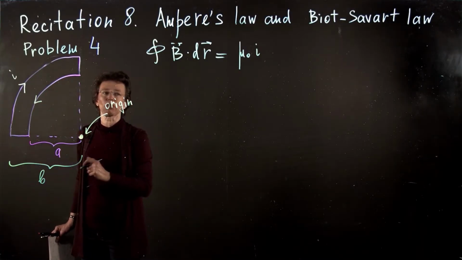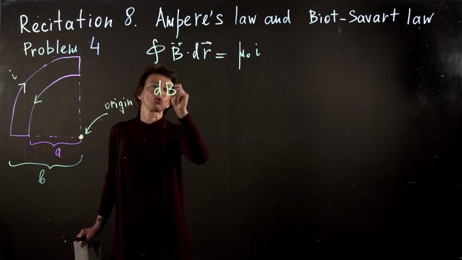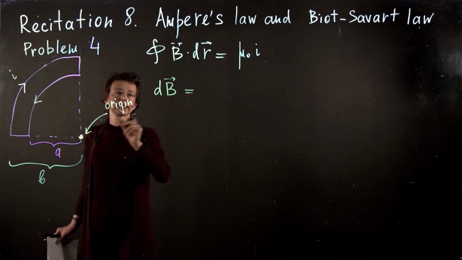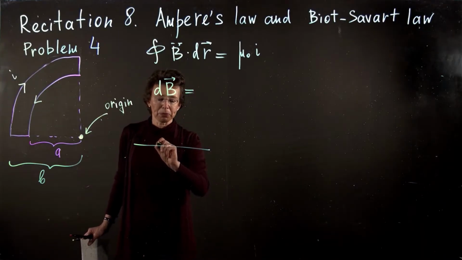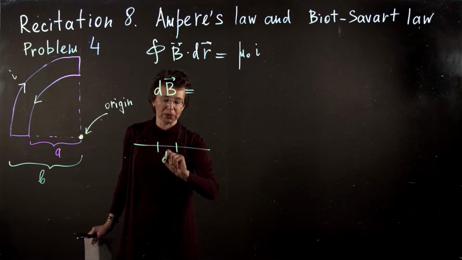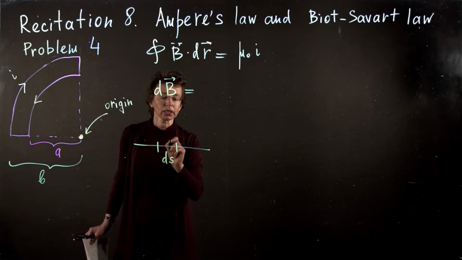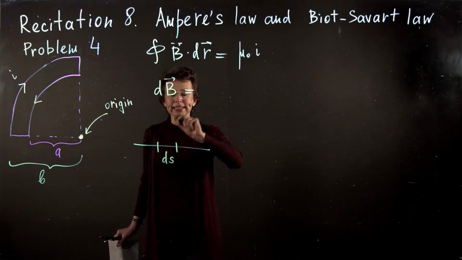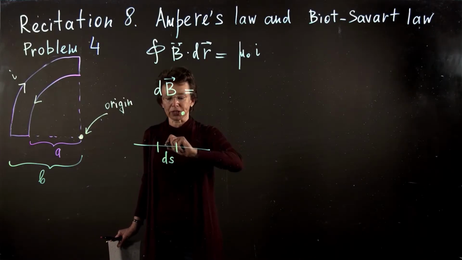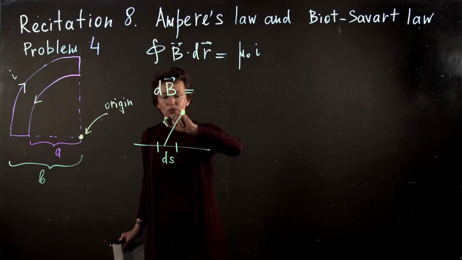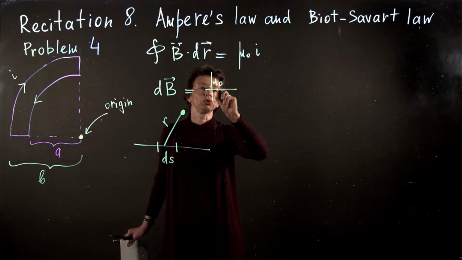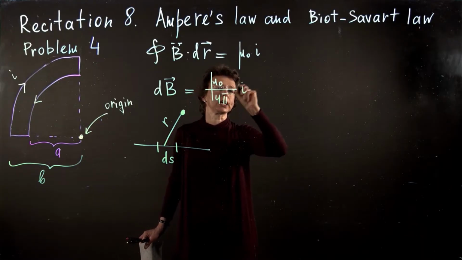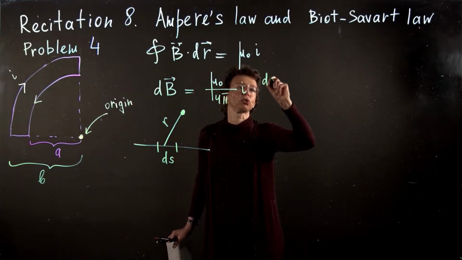So the easiest way to solve this problem is to use Biot-Savart's law, that tells us that if we have an infinitesimal piece of wire, let me draw a piece of wire here, and the length of this piece is little ds, then the magnetic field created by this infinitesimal piece of wire at a point of interest that is distance r from this wire is described by Biot-Savart's law, which is mu naught over 4 pi, current I, and then I have the cross product of ds.